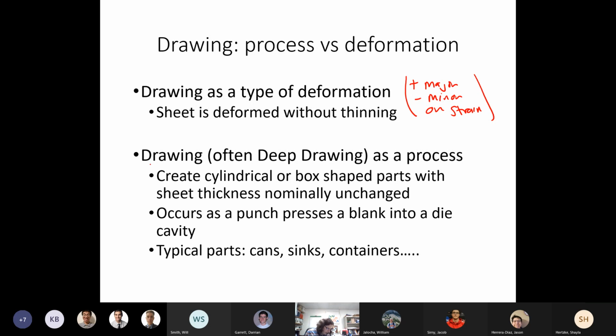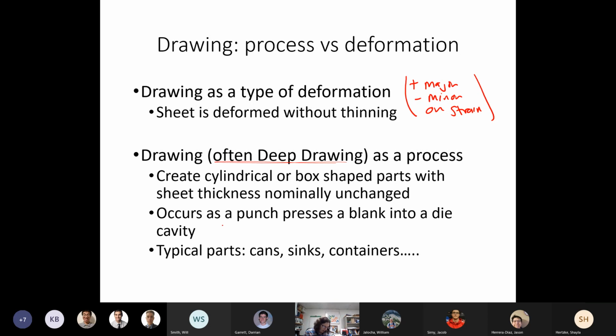There's also what we call deep drawing. It's a process where we create cylindrical or box-shaped parts, with the whole concept being that the thickness of the sheet doesn't change. We're just flowing it in.